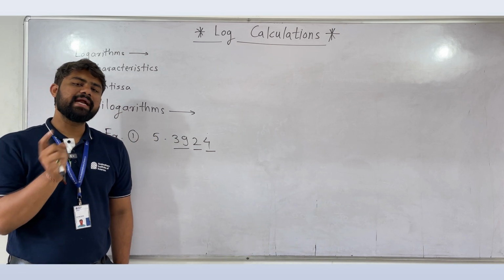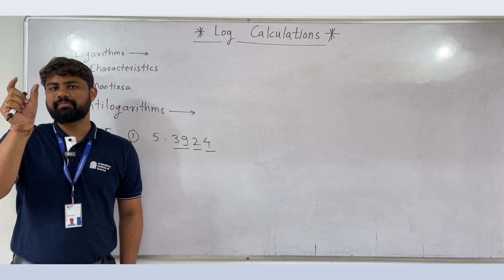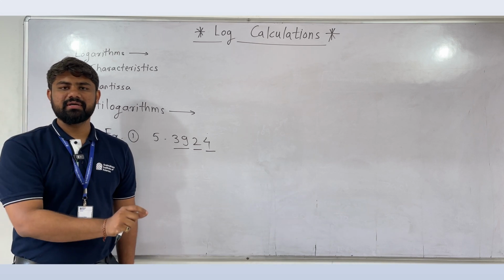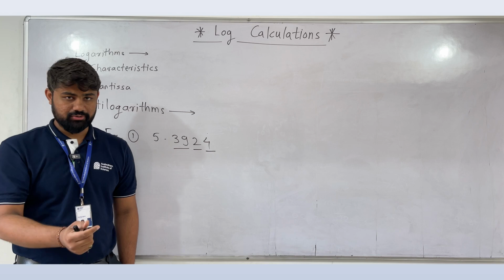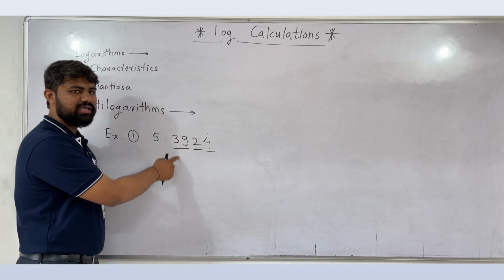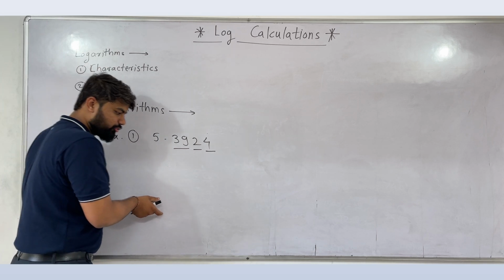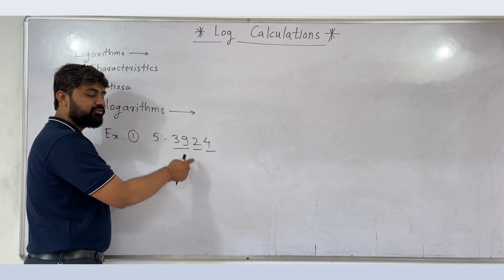Now, once you open the anti-logarithms chart, you will see the first column starts from 0.00 and ends at 0.99. So what we have to do is take that first column and find 39 in it. Once you find 39, take that row of 39 and find the column of 2.